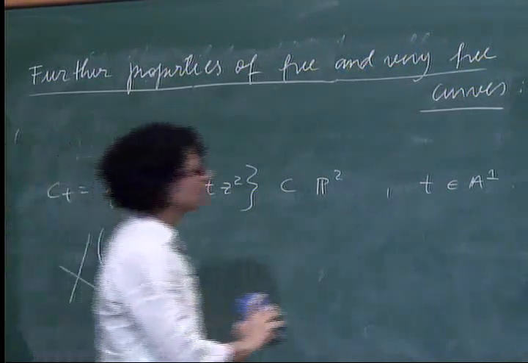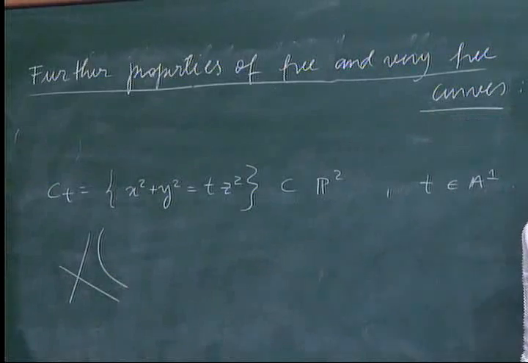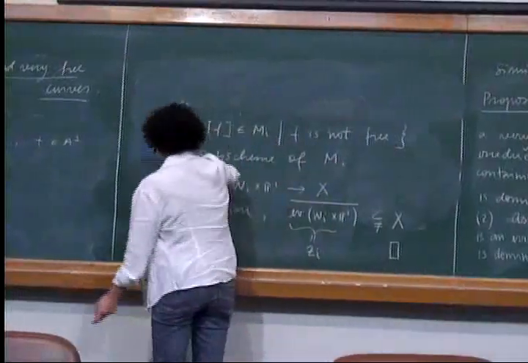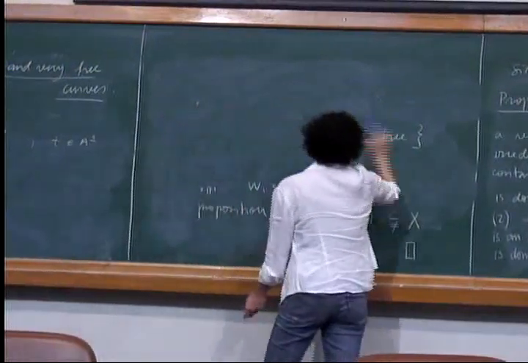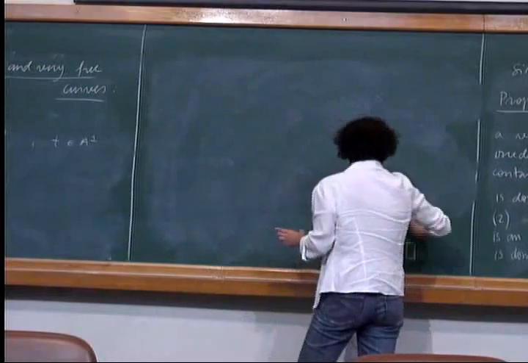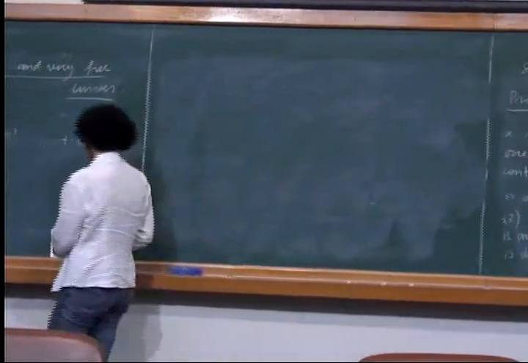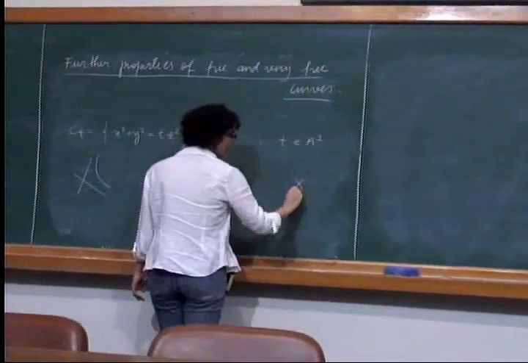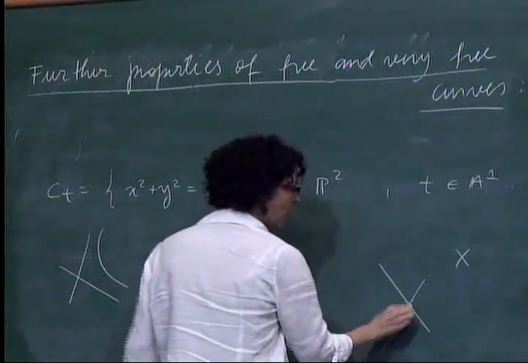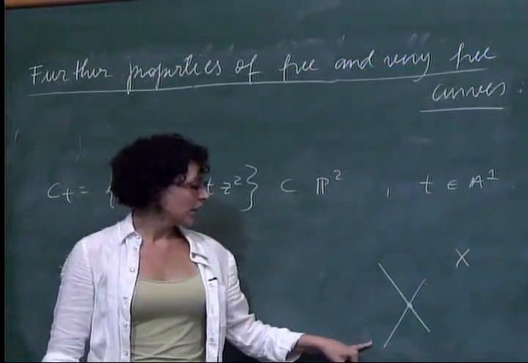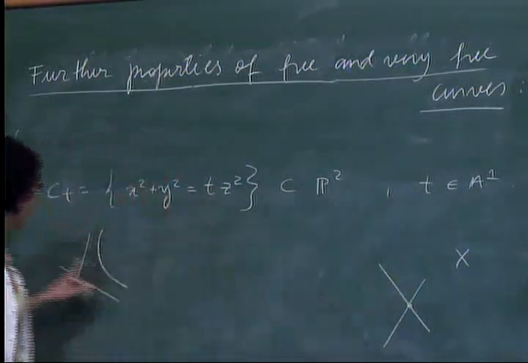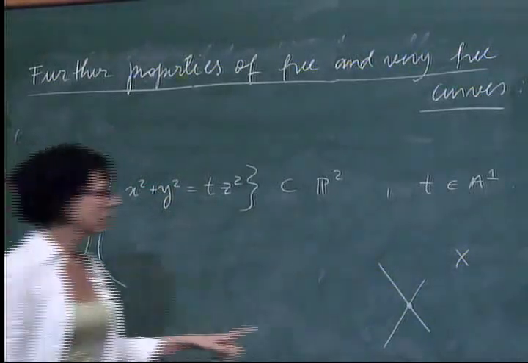So let me state the properties of free and very free curves, which are the following. Let me just remark that in general, if you start with a smooth projective variety X and two curves meeting in one point, it's not always possible to smooth this reducible curve as we did here for the conics.